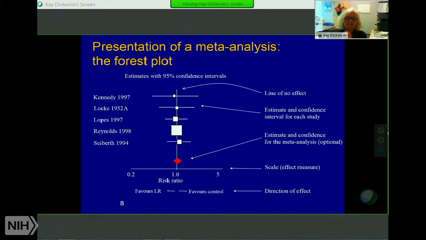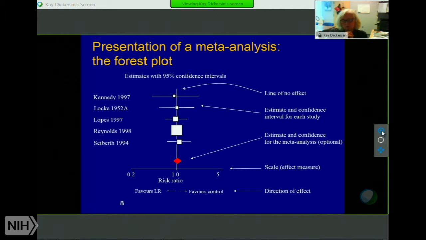So in this particular example, there's no evidence of effect, and you can see in the red diamond at the bottom, the confidence interval is quite narrow because it's 5 studies pooled together in a quantitative synthesis. Each of the studies individually has a point estimate close to a risk ratio of 1, but the confidence intervals can be quite wide in many, at least 4 of the studies. And so we don't know whether there might be a beneficial effect or a harmful effect.